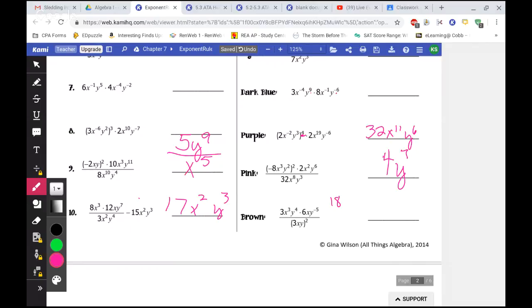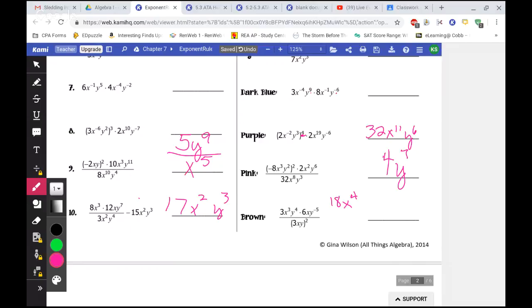So now what am I going to do? I have 2 x's in the numerator being multiplied by each other. So what do I do with their exponents? Add. Okay, so what would that be? 4. Good job. Okay, and then y, I have 2 y's being multiplied to each other. What do I do with the exponents? Add.